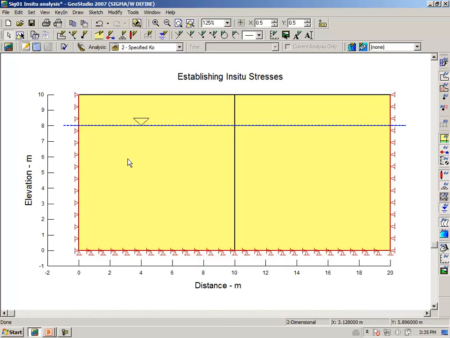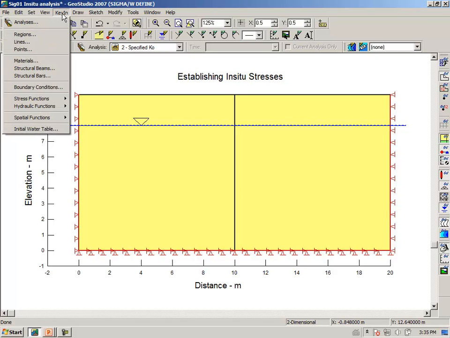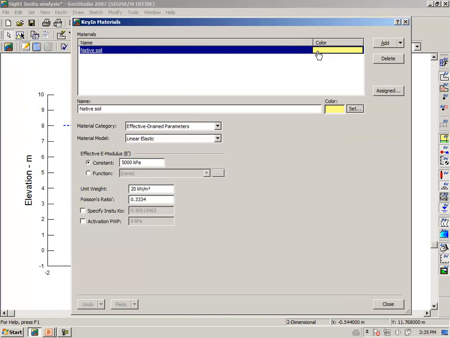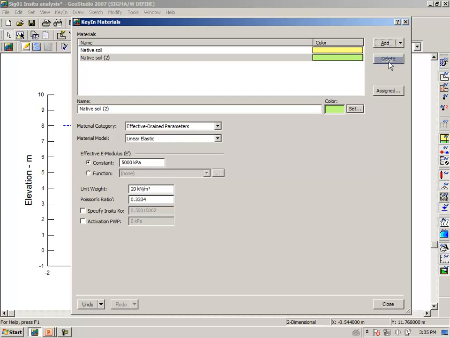And now to analyze this case, we need to create a new material. Key in Materials, selecting the current native material. We can clone this material such that everything is more or less the same. So let's say specified K0.